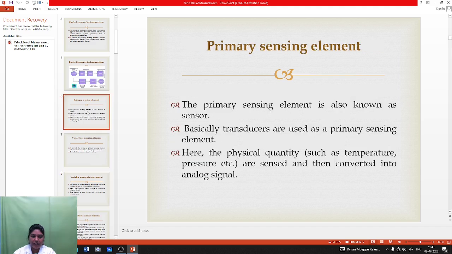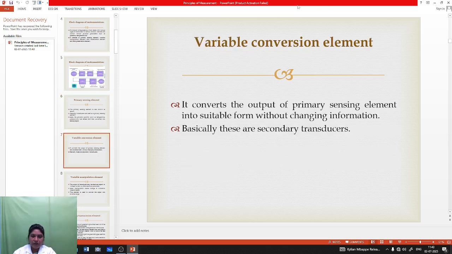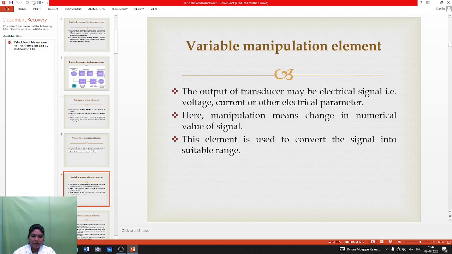So these are the various blocks. The primary sensing element is a sensor, and here we are using a transducer as the primary element. We already know the variable conversion element is used to convert the signal into a suitable form, and the manipulation element changes the signal and converts it to a suitable range, like amplification, attenuation and clipping.